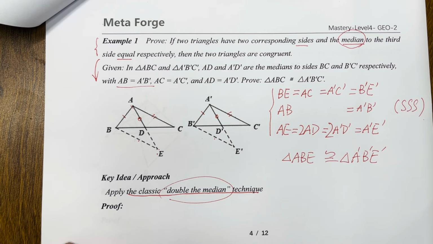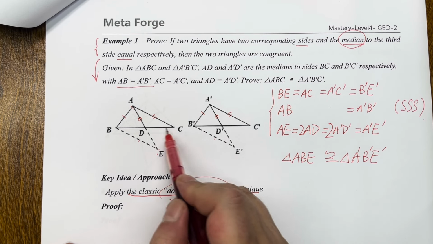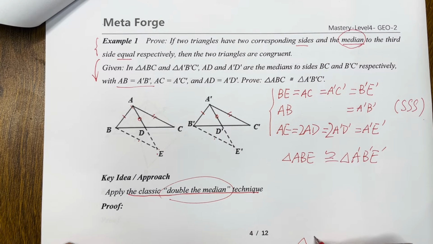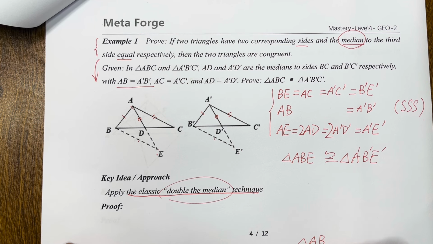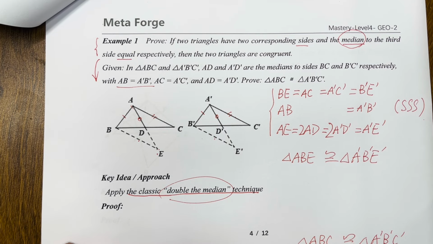Then another question jumped out. How to prove the original triangles ABC and A prime B prime C prime are congruent?